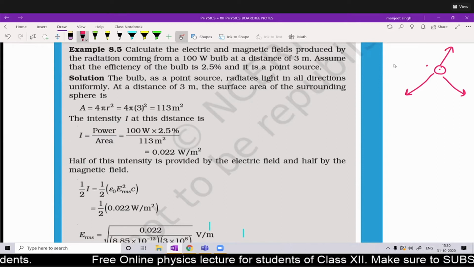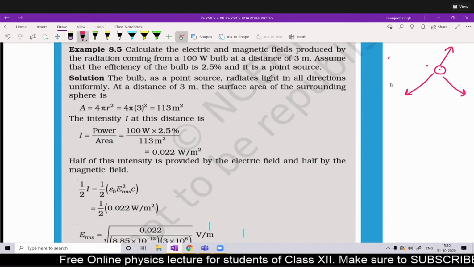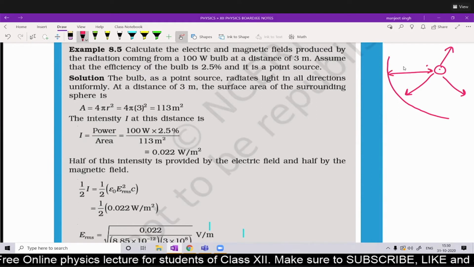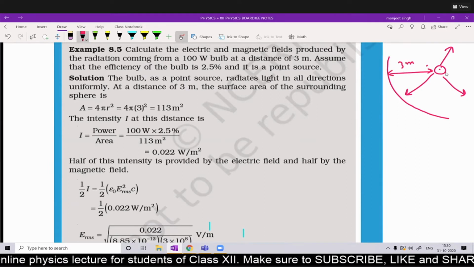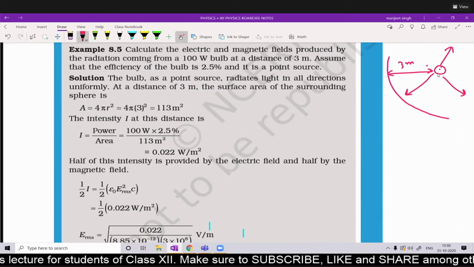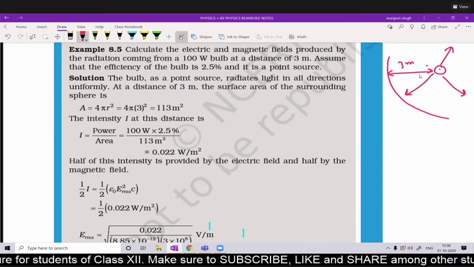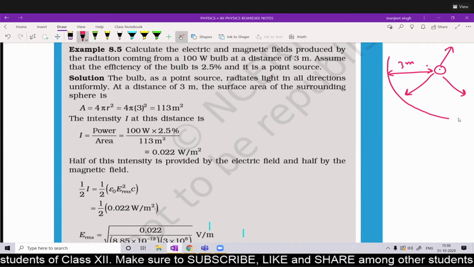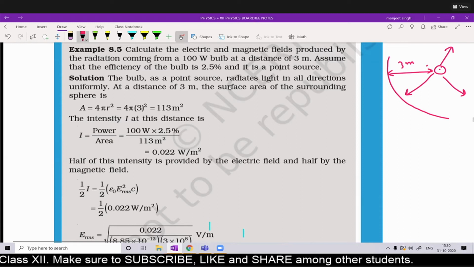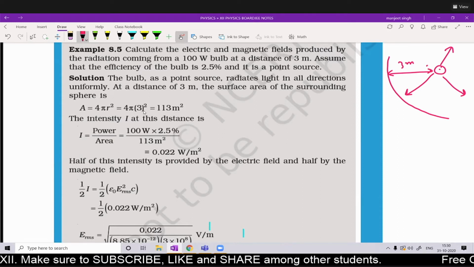meters. So from the bulb, consider a sphere having radius 3 meter. The bulb will radiate in 3 dimensions in all the directions, and the radiation will pass through the sphere of this 3 meter radius. Okay, so it is a point source.